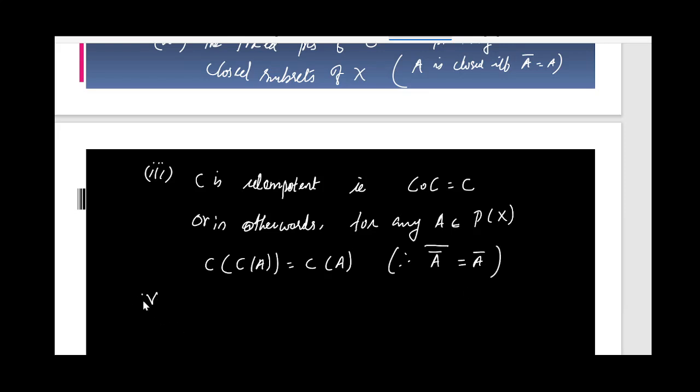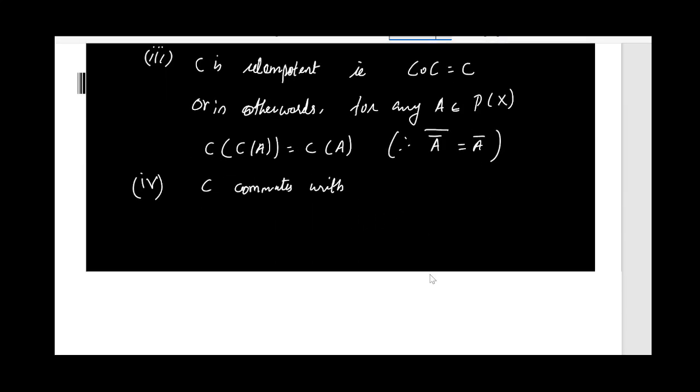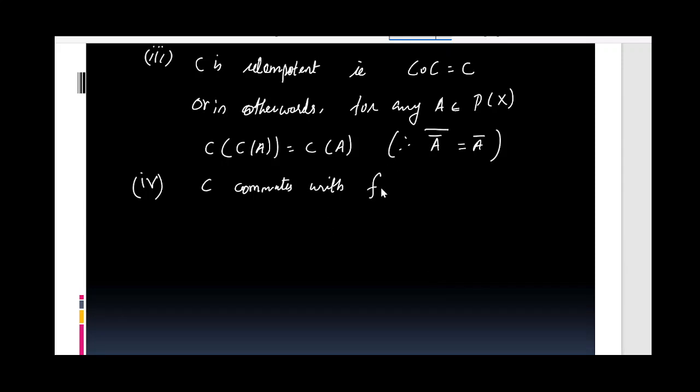So it follows immediately. The fourth one: C commutes with finite union.